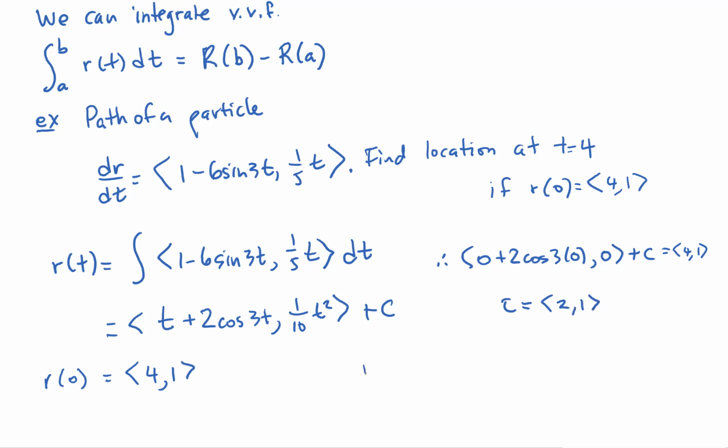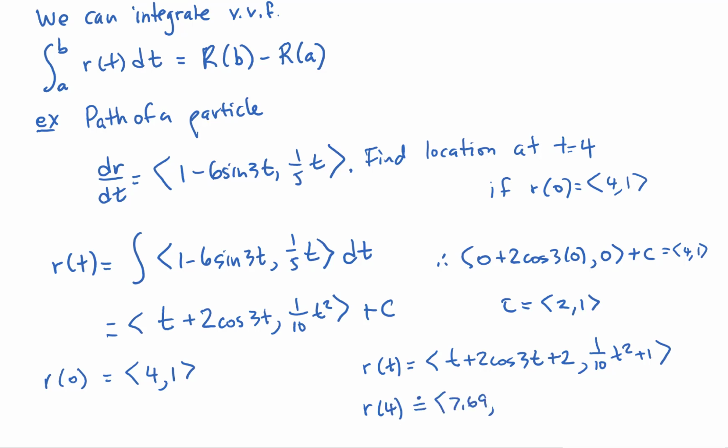Then I know that my r of t is equal to t plus 2 cosine 3t, but I add 2 more to that component, and then it's 1 over 10 t squared, added 1 more to that component of the vector. I can go back and calculate what r of 4 is, and it's approximately 7.69, 2.6. And so there's the resulting vector on this path.